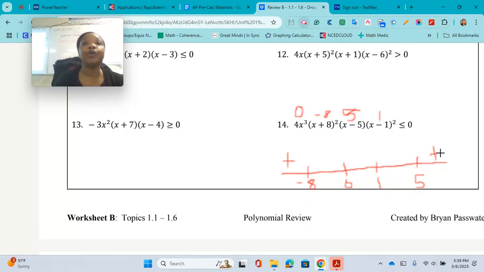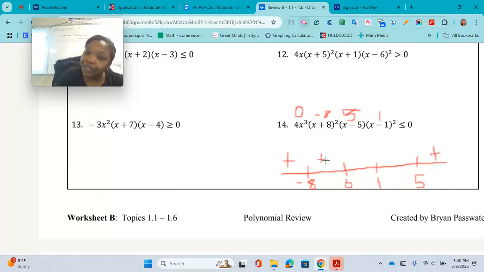Now, let's go through multiplicity. At -8, the multiplicity is 2, so it bounces. At 0, the multiplicity is 3, so it goes through, like the water hose.